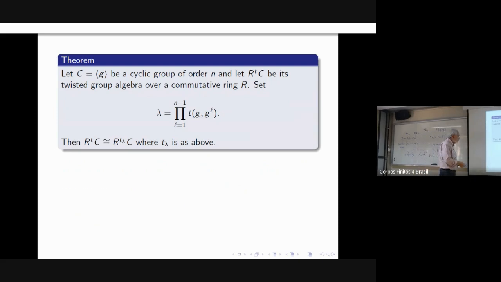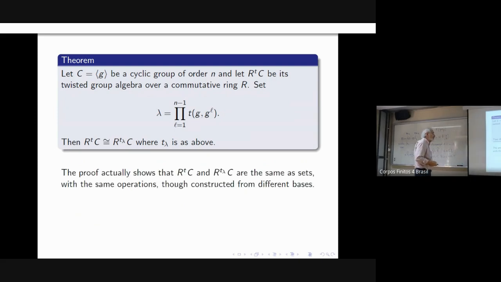And there is a proof using cohomology, but we produced a manual proof that has the advantage that the sets that you have are exactly the same with the same operations. The only thing you have to do is choose the basis differently.